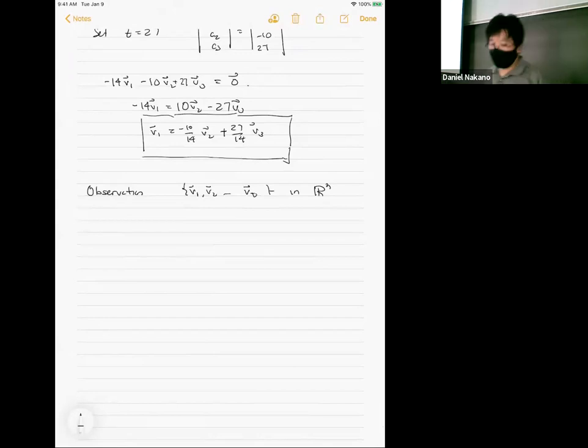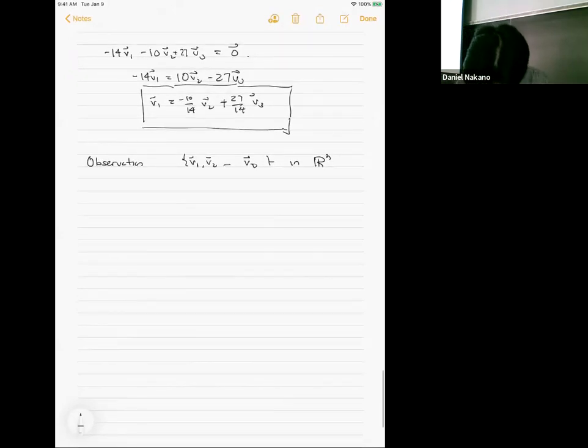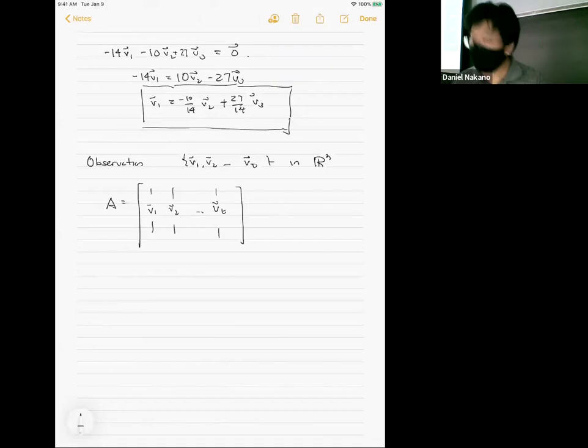So what I want to do is look at the matrix A. I stick v1 here, I have v2 over here, and I have vt. What is the size of this matrix? How many rows and how many columns are there?